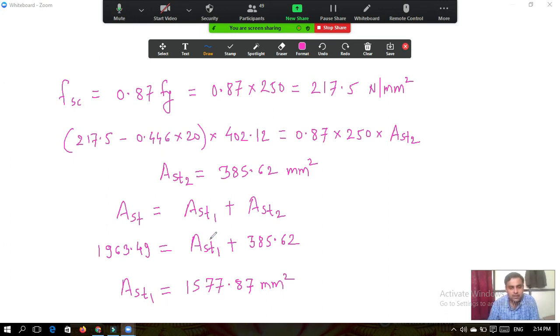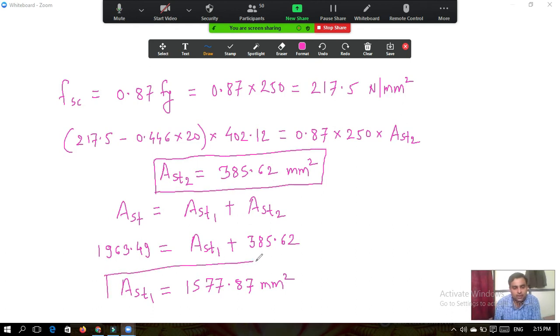Now we have the value of AST2. We also have the value of AST1, and we also know the total AST. Next we need to calculate the value of XU. We have the value of XU max.